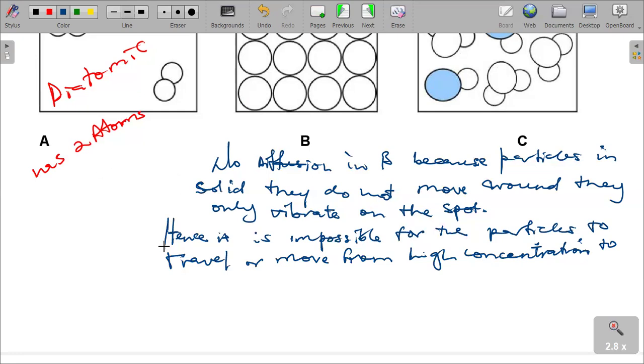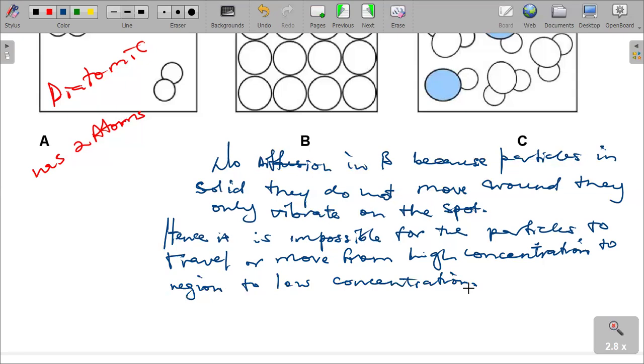From high concentration reaching to low concentration. That is why there is no diffusion in B, because the particles in a solid do not move around.